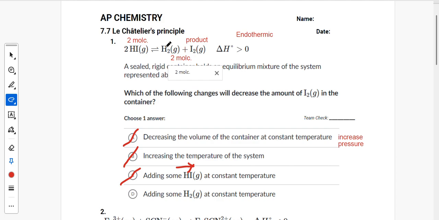Think of it like a balance or a scale. If you add more of the products in an equilibrium, you're going to shift to the reactants, causing there to be less of whatever was left behind. So D would be my best bet for number 1.